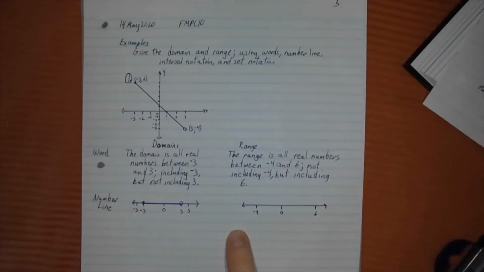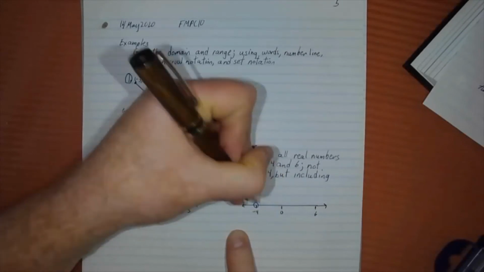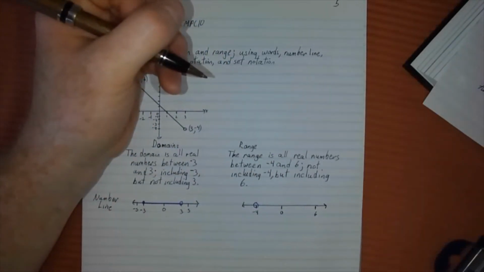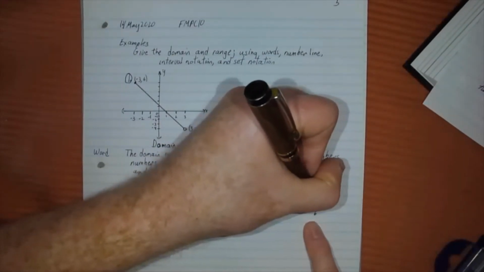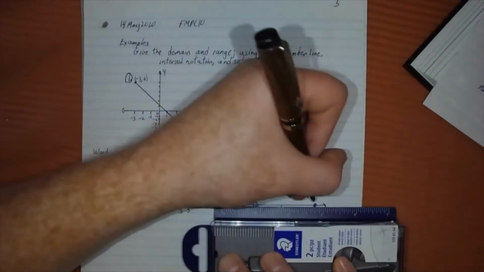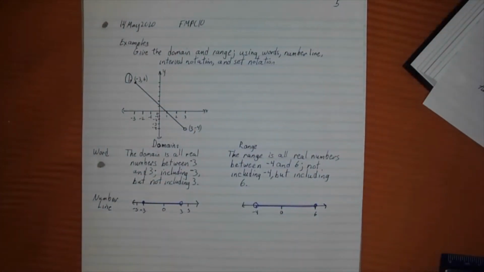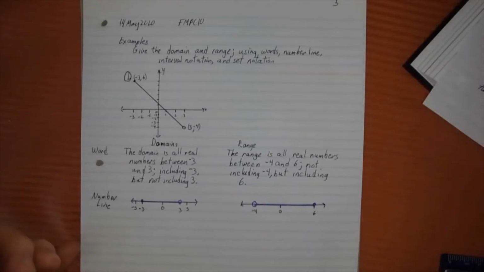So that is, switch to blue pen so we can see it better. Open circle, but including 6, solid circle. Connect it with a line. You can freehand this. Do your best to be able to show me that it's there. If you make it a little thicker, if you make it a different color, if you highlight the area, go for it. I work with pens, but I'm going to surprise you later.